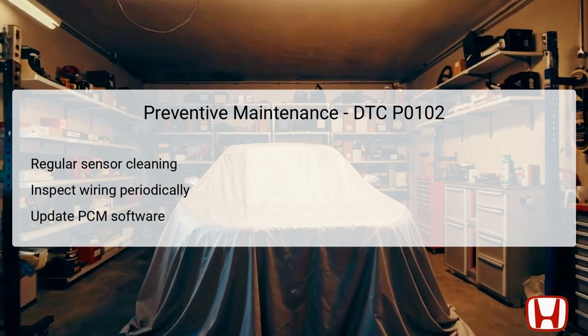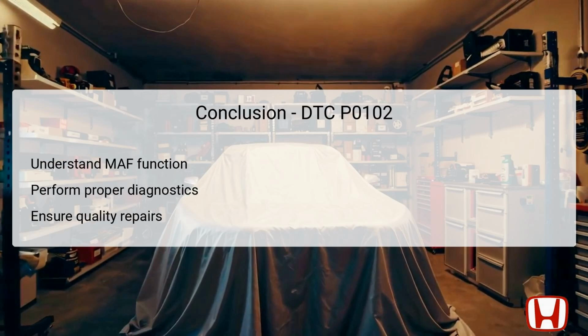By adhering to these maintenance practices, you can not only prolong the lifespan of critical components, but also enhance overall vehicle performance and reliability. In conclusion, the appearance of DTC P0102 serves as an alert to potential issues within the MAF sensor circuit, crucial for optimal vehicle performance. Understanding the design, function, and common pitfalls associated with the MAF sensor is essential for effective troubleshooting.